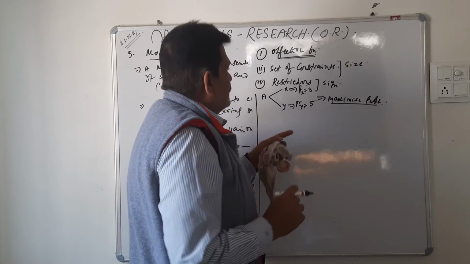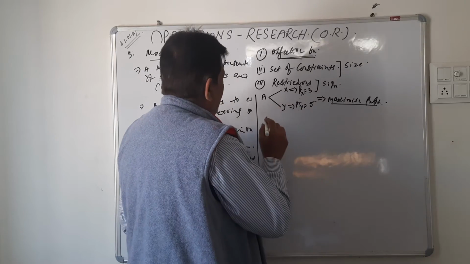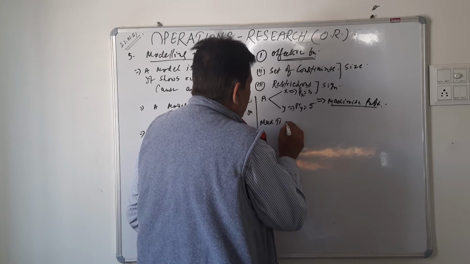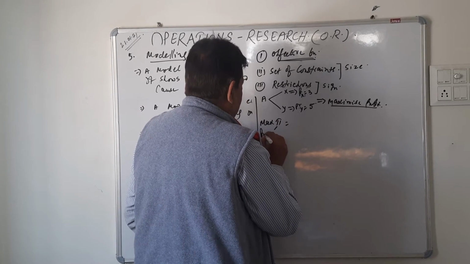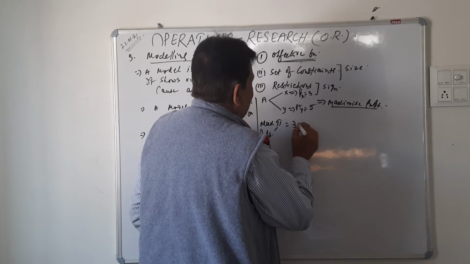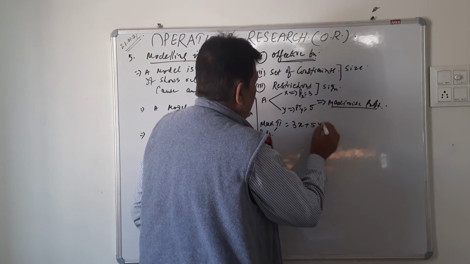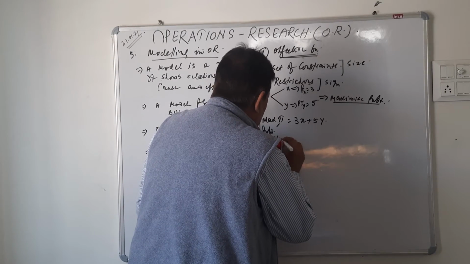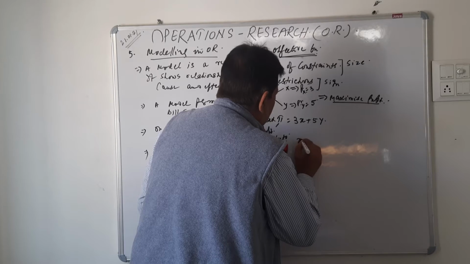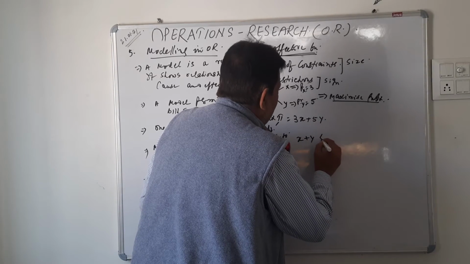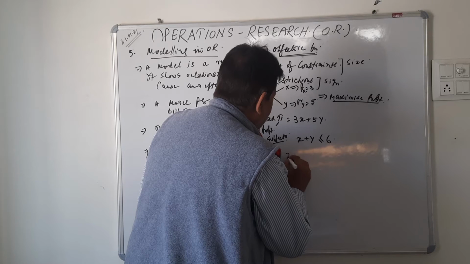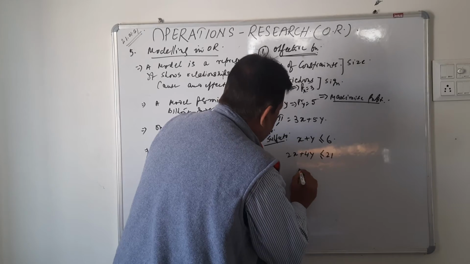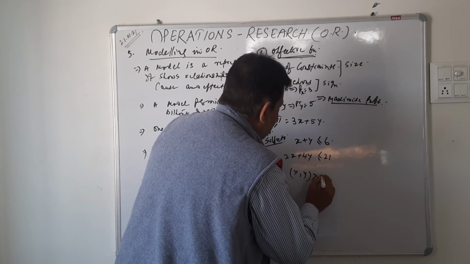Now this firm wants to maximize its profit, so first of all, it will make an objective function, that is, maximize profit. Pi is profit, that is 3x plus 5y. This happens to be the objective function, subject to x plus y less than or equal to 6, 2x plus 4y less than or equal to 21, and x and y are non-negative.